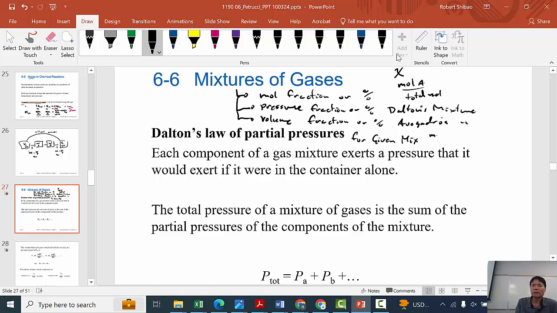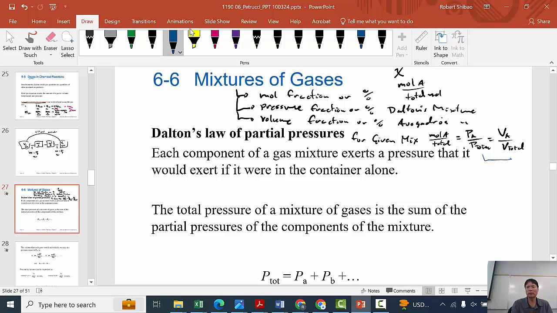The mole fraction, let's say moles of A over total moles, is equal to the pressure fraction, that is the partial pressure of A over the total pressure, which is equal to the volume fraction, VA over V total. They're numerically equal, but these cannot be simultaneously true.